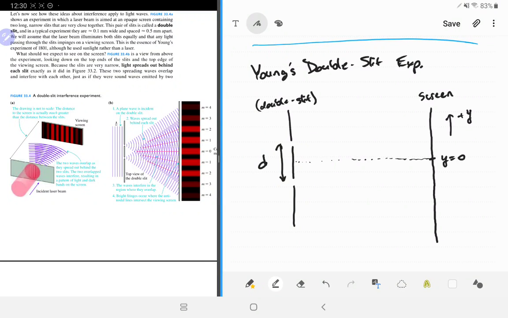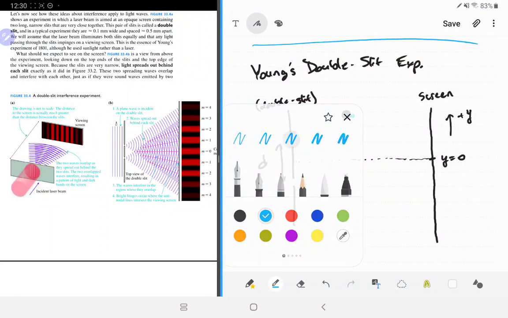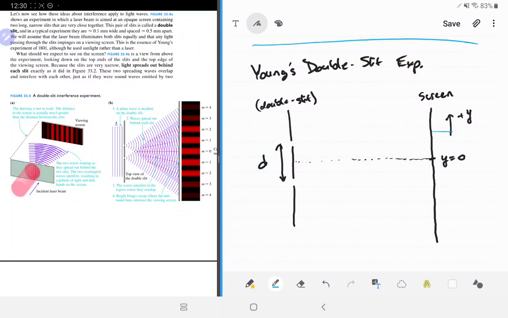Another way of talking about positions on the screen is to talk about angles. This position on the screen is a certain angle relative to the center line. So again, there's some special center line here. That's theta. So I can talk about a position on the screen via theta.